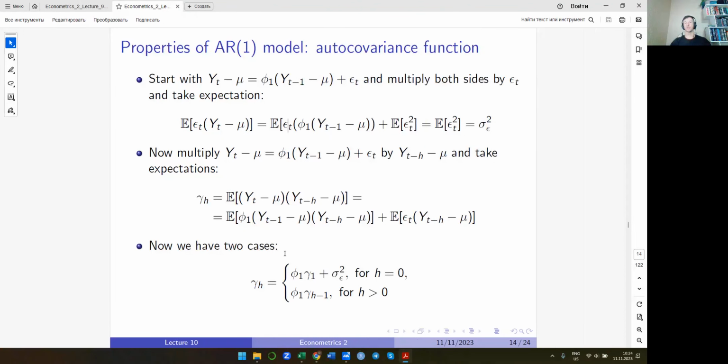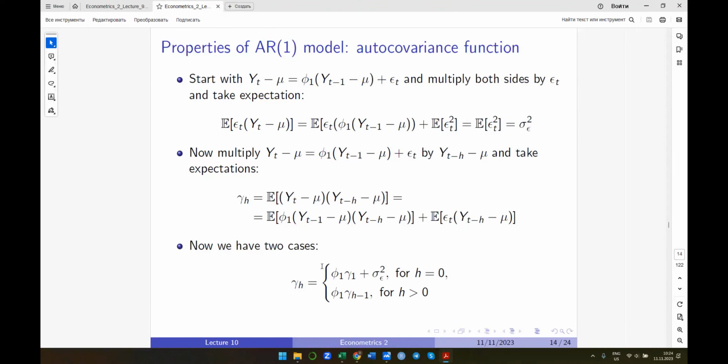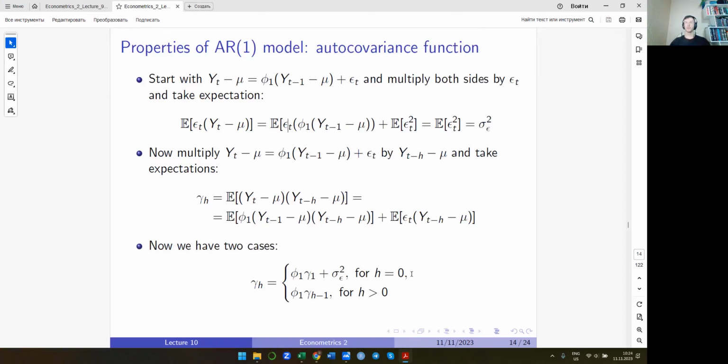So now we have two cases, basically. If h is 0, this expectation is non-zero. Sorry, I was kind of too fast. If h is 0, this expectation is not 0, and it is just the autocovariance of order 1. If h is larger than 0, then this second term disappears, it's 0, and we have phi 1 times gamma h minus 1.